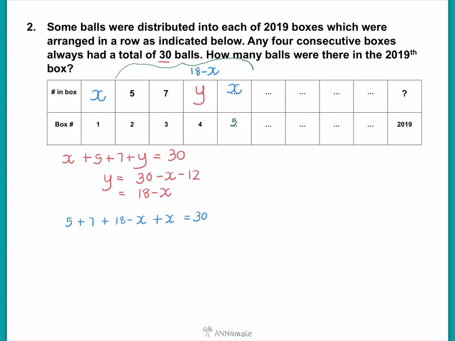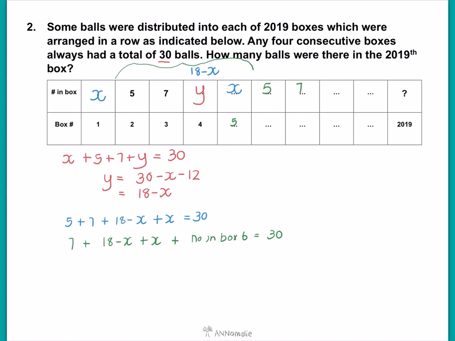So let's write that down. 7 plus 18 minus x plus x plus, let's say, the number in box 6 must equal 30. And we can see that 7 plus 18 will give us 25. So the number of balls in box 6 must be 5 once again.